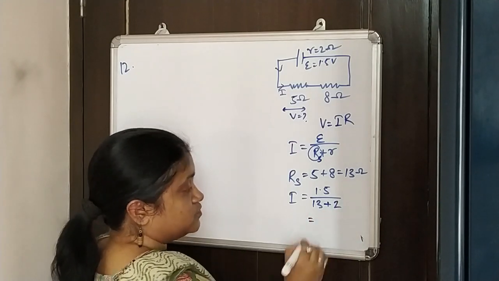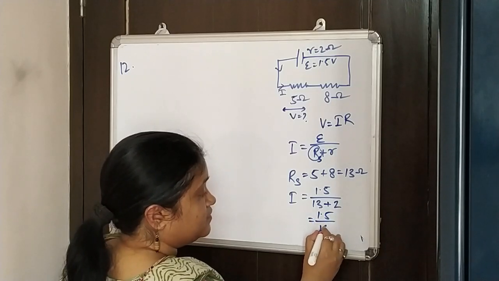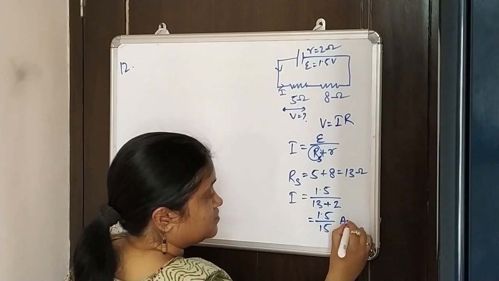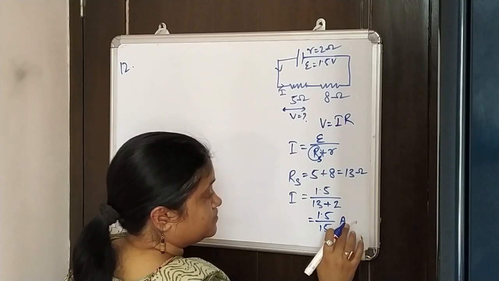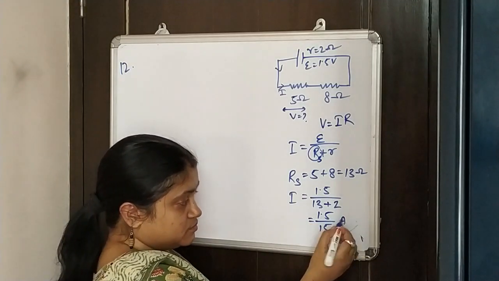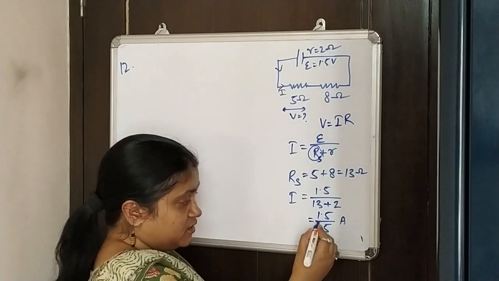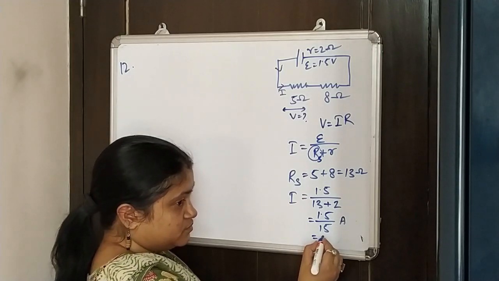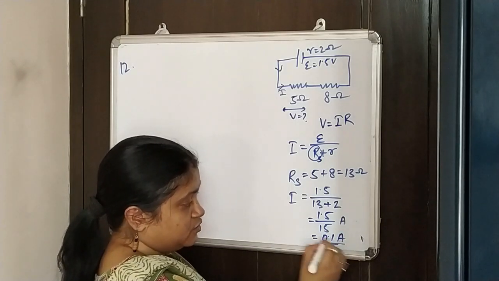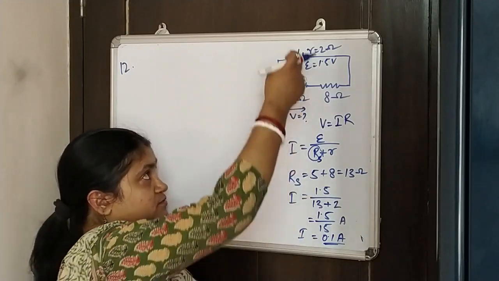So this will become 1.5 divided by 15 ampere. If you calculate 1.5 by 15, it will become 0.1 ampere. So this is the current that is flowing through this circuit.